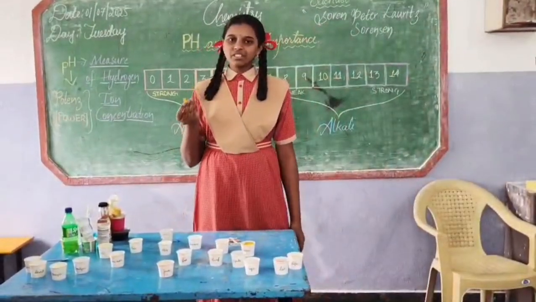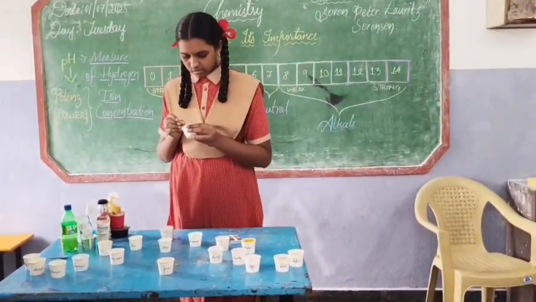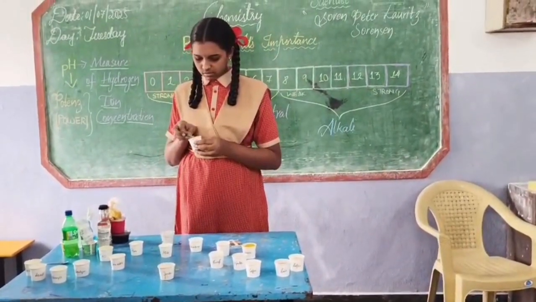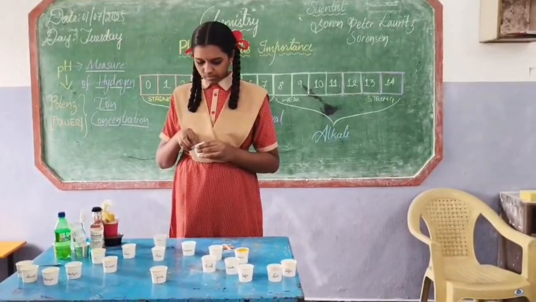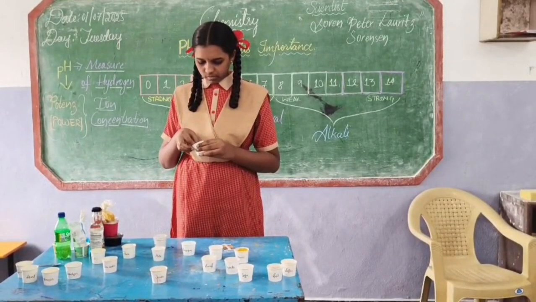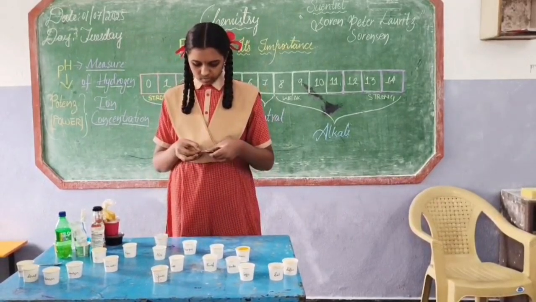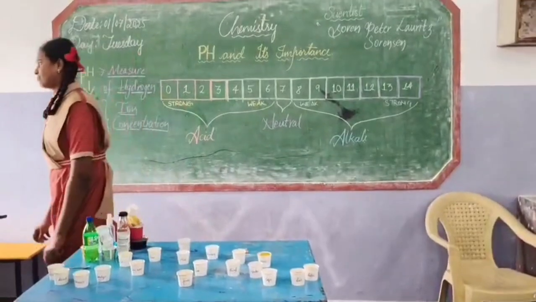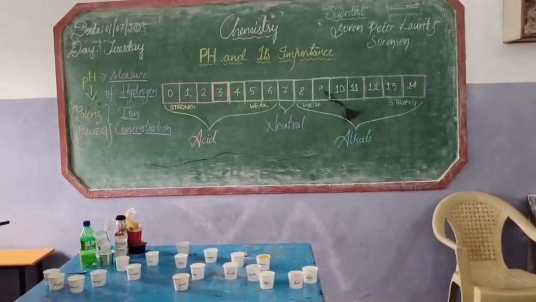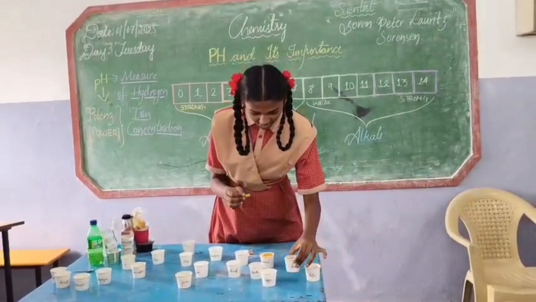Now I am putting this pH paper in soda water. It's yellow color. It is a weak acid. Now I am putting pH paper in another solution.